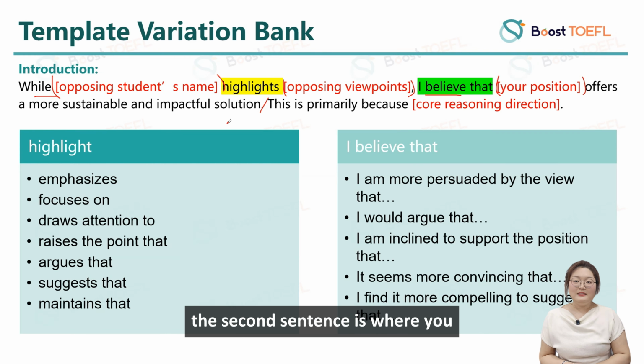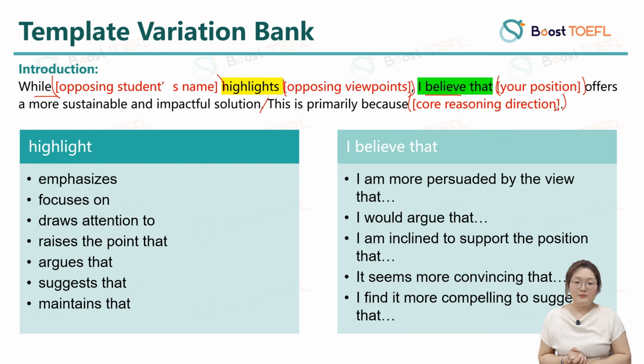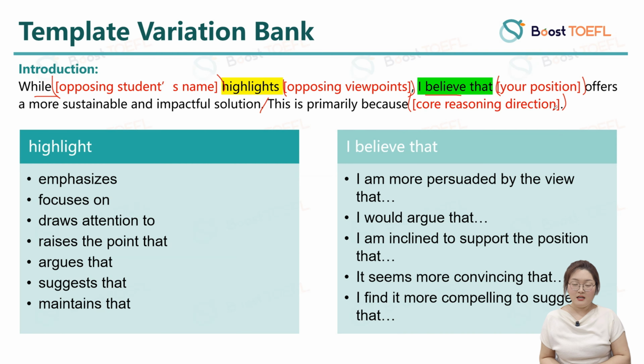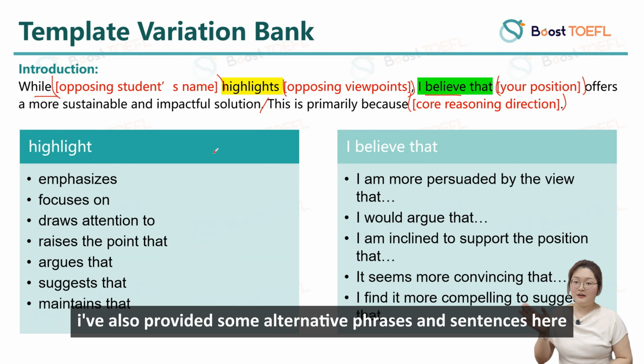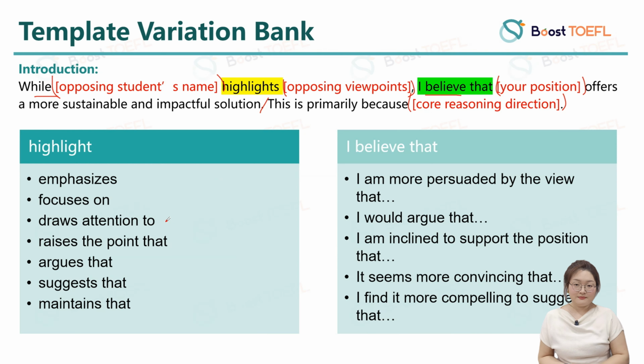And then the second sentence is where you explain your core reason direction. Remember not to write too detailed in the first paragraph. Just keep it brief. I've also provided some alternative phrases and sentences here. You can choose whichever you like.